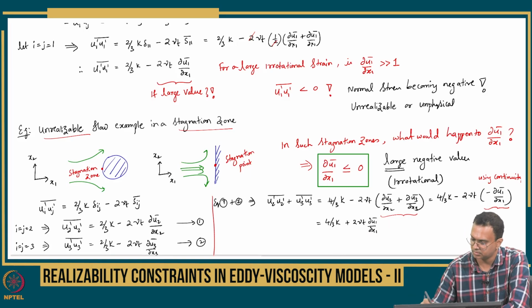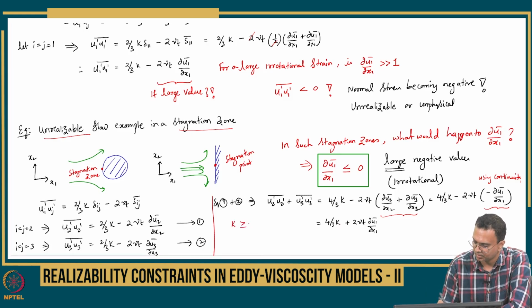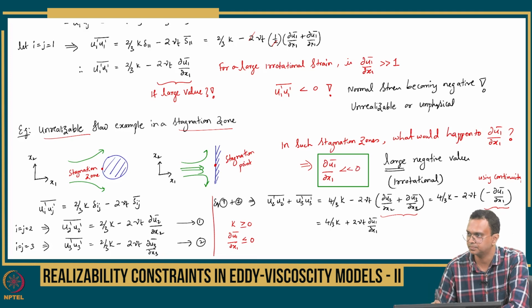Note, k is positive and your ∂u1 bar by ∂x1 is a large negative value, right?